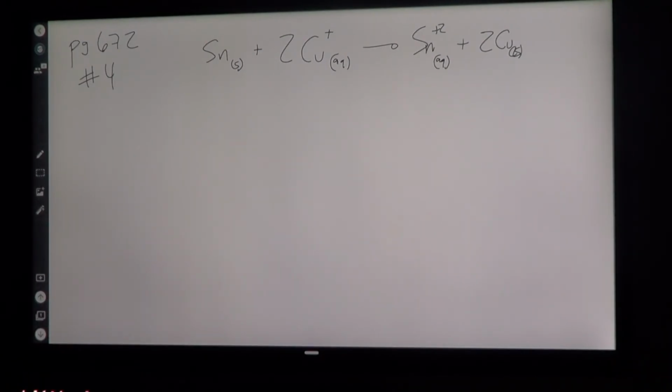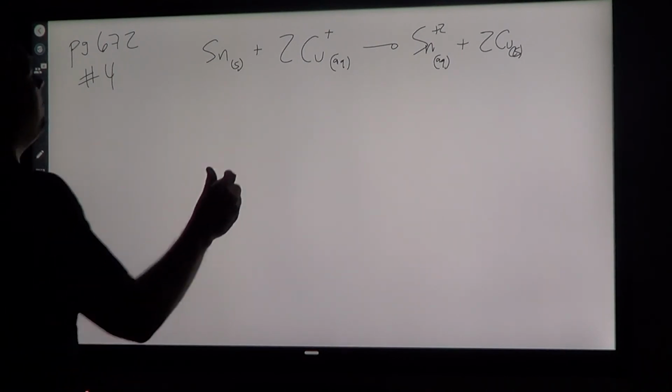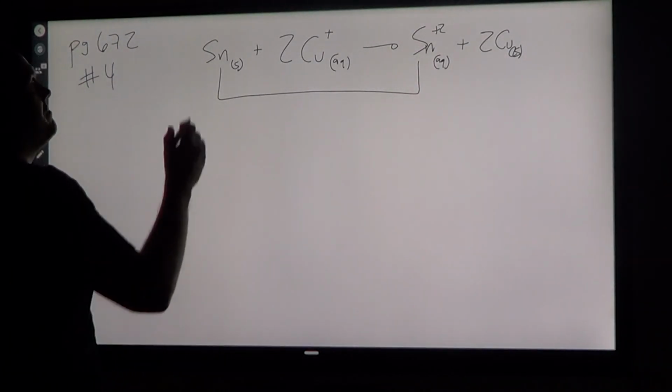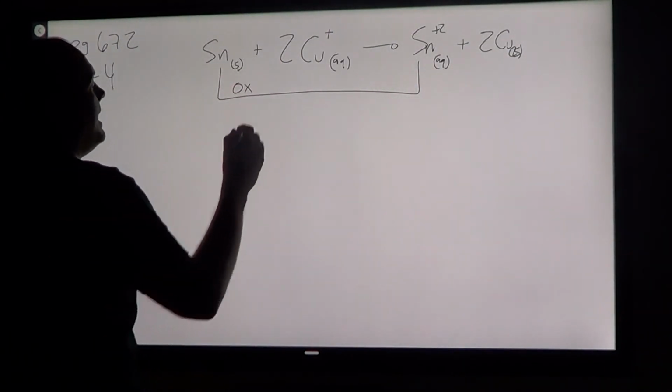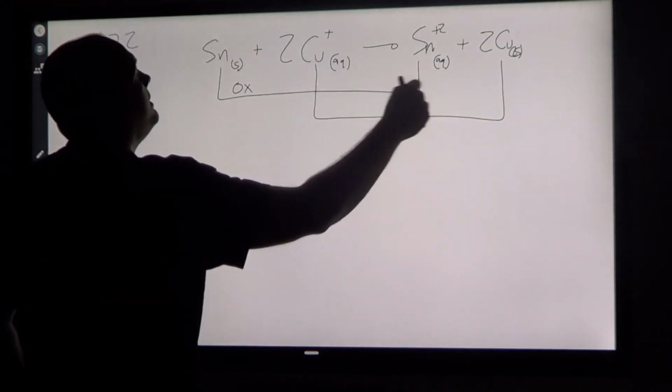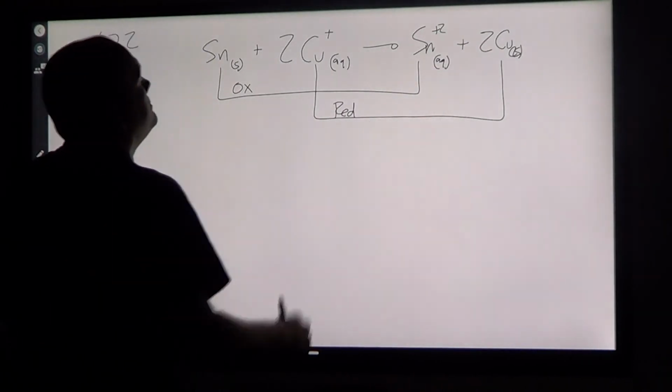Alright guys, and now we're going to do an example problem from the book. So if you look on page 672, question number 4, okay, it gives us this electrochemical cell. And it wants us to determine whether this will be spontaneous or not. And so this ties into our last chapter, because what we do is we identify that our tin is going from 0 up to 2, so it's being oxidized. And our copper is going from 1 down to 0, so it's being reduced.